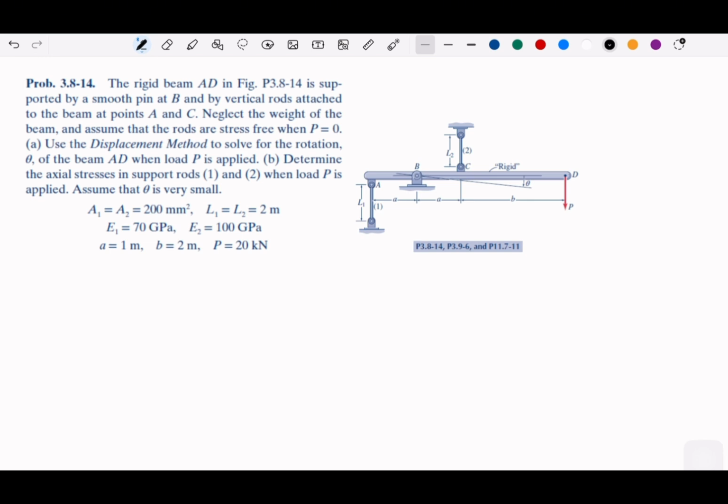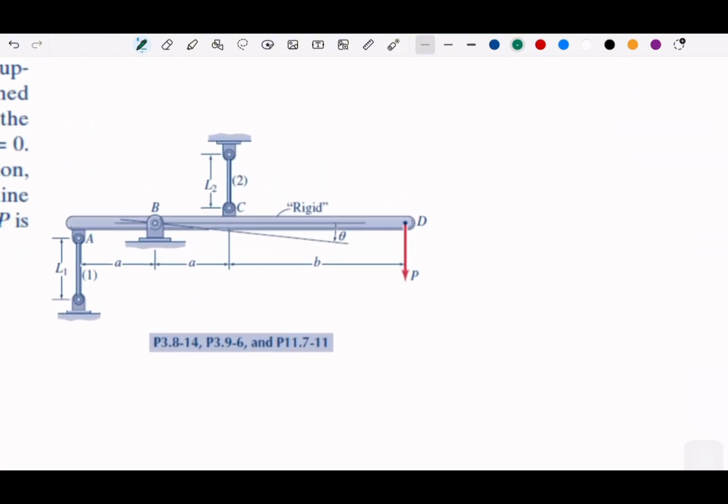Because it is rigid, the angle here will be a very small rotation, and suppose this is the rotation like that.